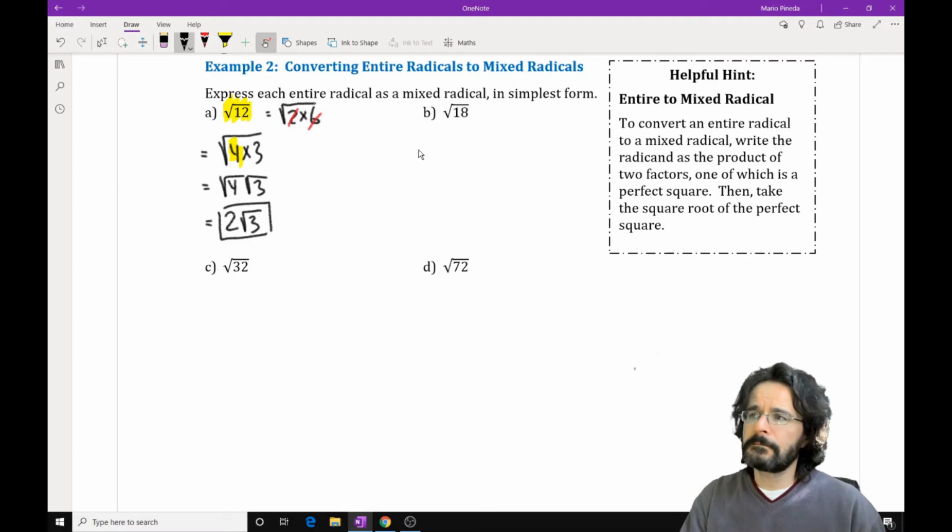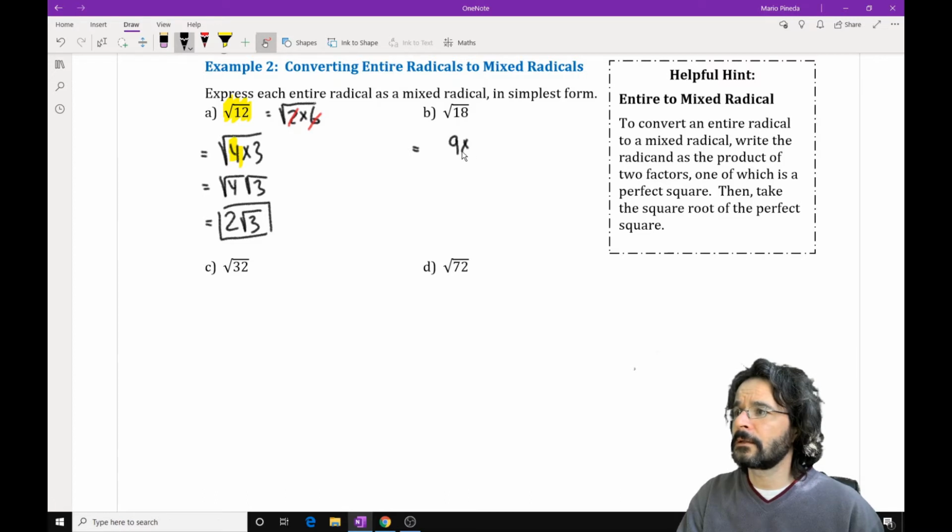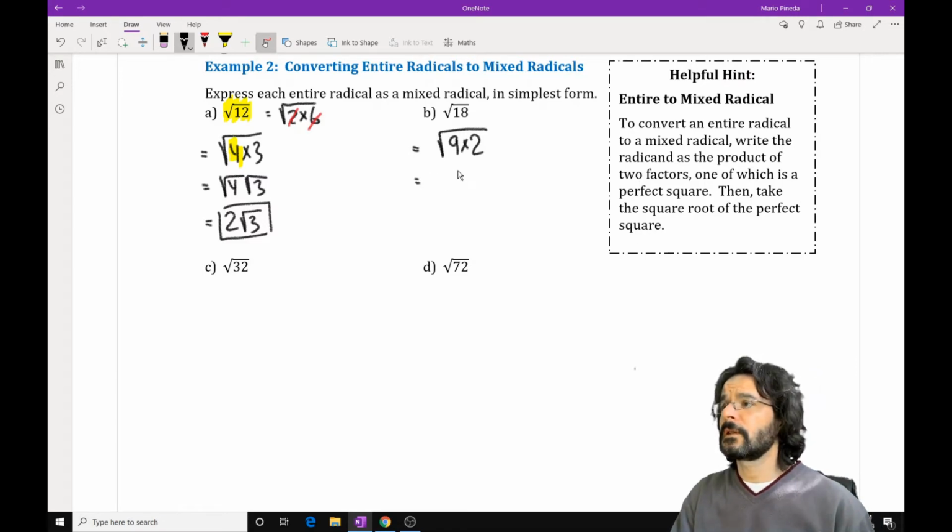In B here, we're going to factor 18 into 9 and 2. So 9 times 2 is 18. 9 is a perfect square. We can split this radical into 2. So it's going to be square root of 9 times square root of 2. We take the square root of the perfect square.